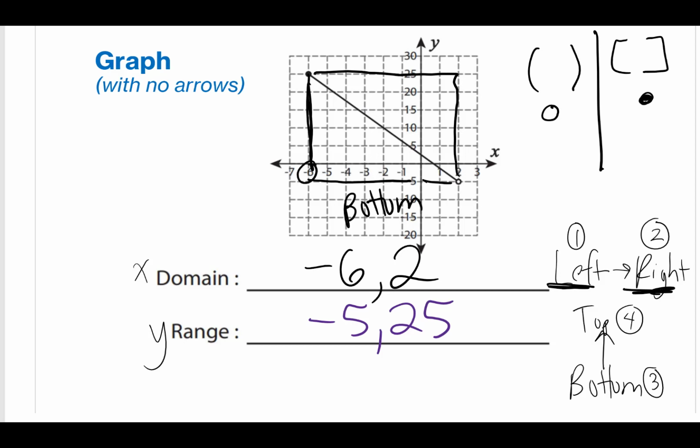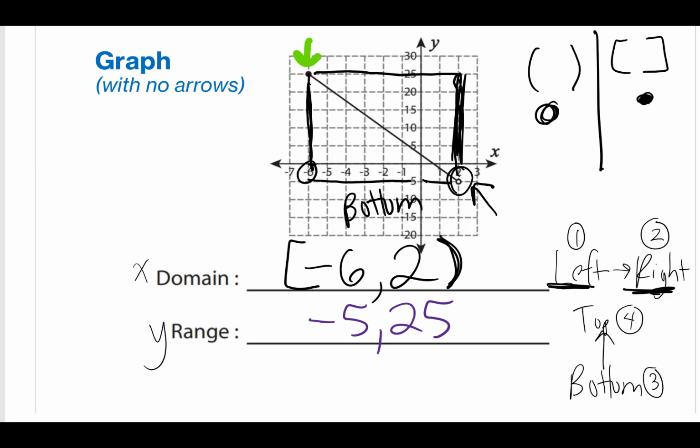Left is -6. It is touching a closed point, un punto cerrado. So cerrado means using brackets. Now, the right side, el lado derecha, está tocando 2, right? It's touching 2, and it's touching an open point, un punto abierto. Open point means use parentheses.